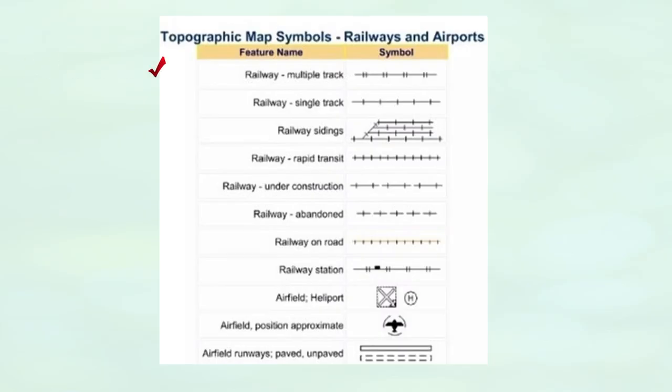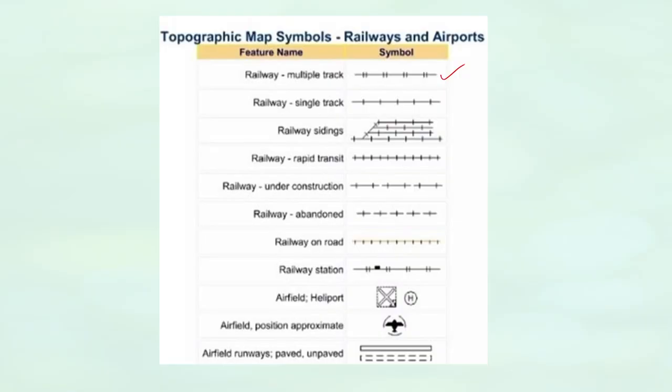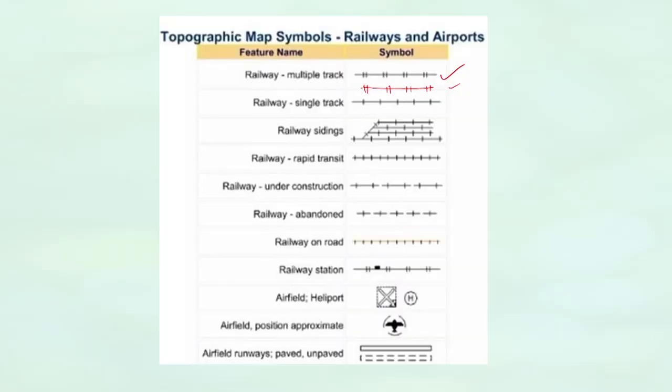If it is a multiple track railway, where 3 or 2 trains can go at the same time, like a national highway with 4 lanes or 3 lanes, those kinds of railway track will be mentioned like this: a single line and 2 vertical lines here and there, right, you are seeing. Next, railway single track. In the middle of forest, in the rural area, single track railways will be there, you know.